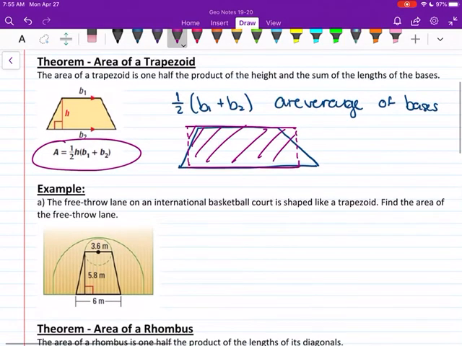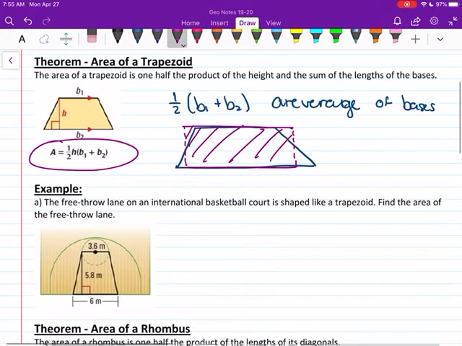An example. The free throw lane, it's called a lane, not line, in international basketball court is shaped like a trapezoid. Find the area of the free throw lane. If we look at this trapezoid here, we first have to identify our bases. Our parallel sides are this 3.6 and this 6 meters.